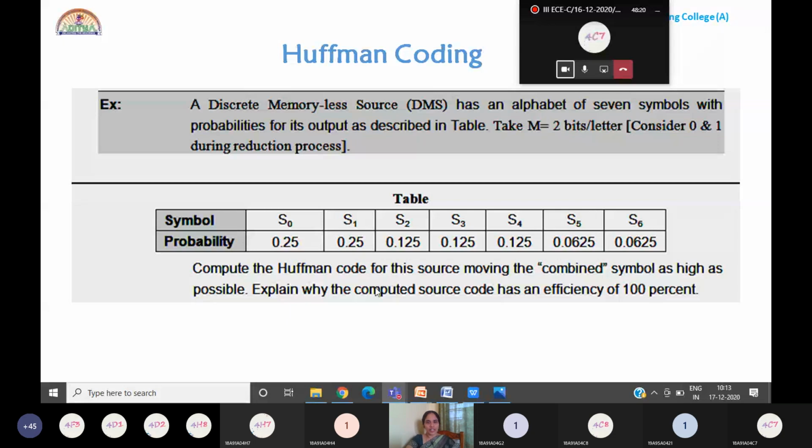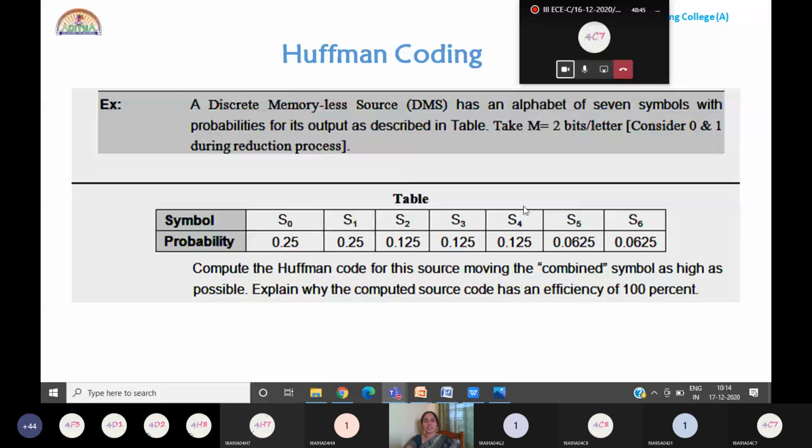Okay, here you need to calculate the Huffman code. You need to construct the Huffman code table for this source, moving the combined symbol as high as possible. So they asked you to continue the combining process or reduction process as high as possible. How far can you combine?